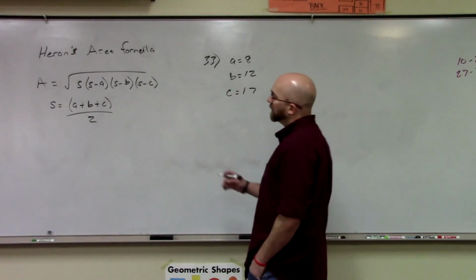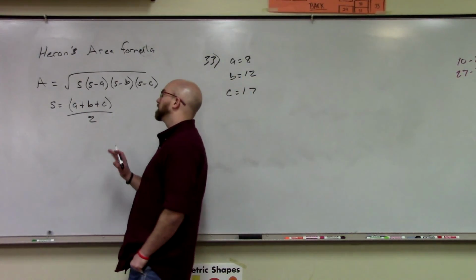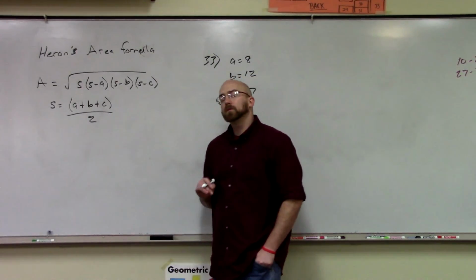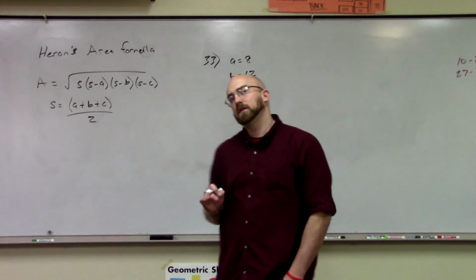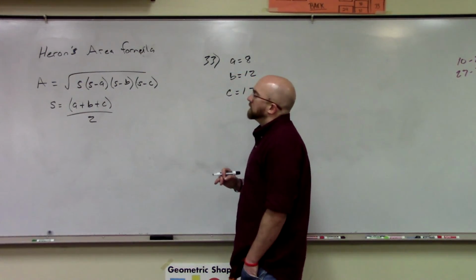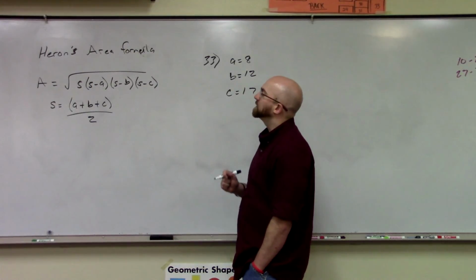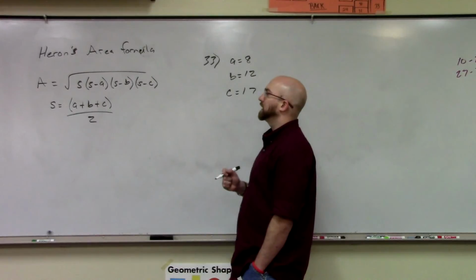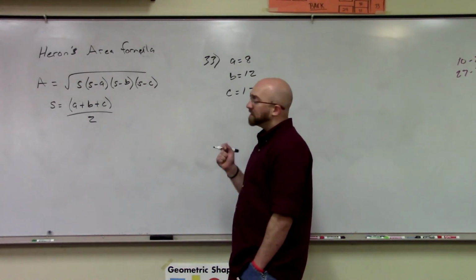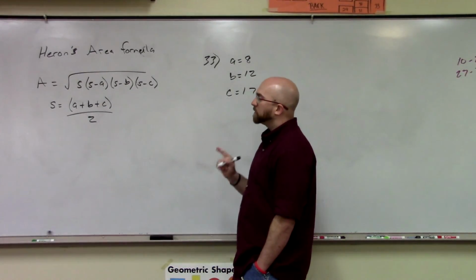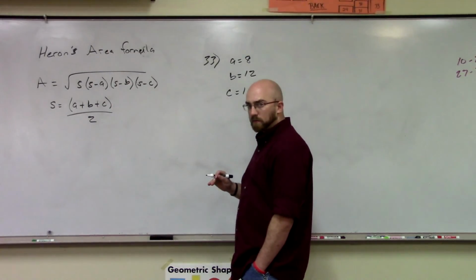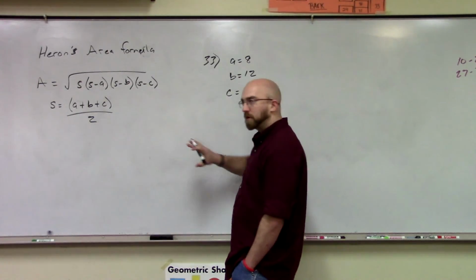It is the square root. Now, okay, let me start. This formula works if you have 3 given sides. All right. So this is the square root of s times s minus a times s minus b times s minus c, where s is equal to a plus b plus c all divided by 2. All right. Again, plug in, go.